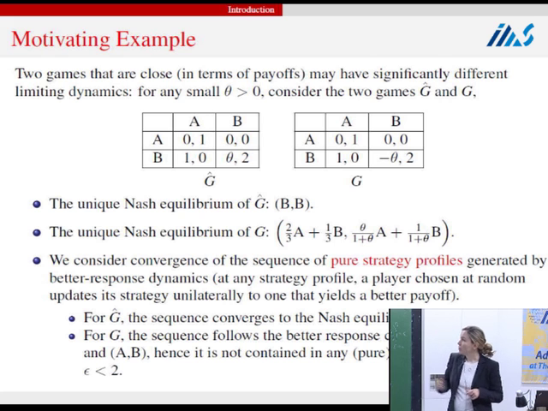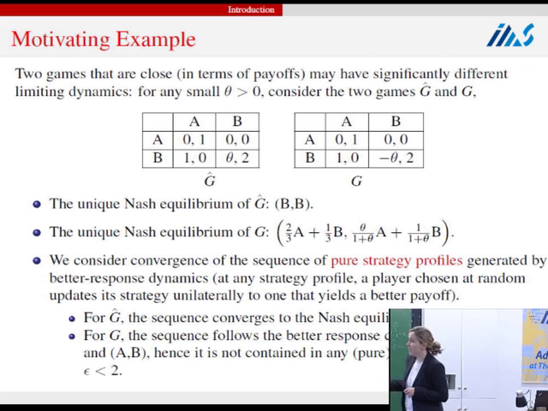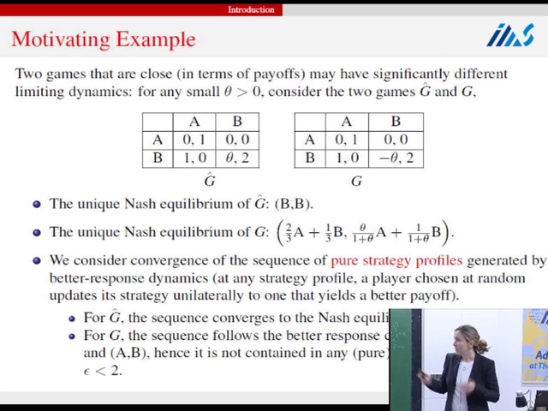We're going to consider convergence of pure strategy profiles generated by a particular form of dynamics, better response dynamics. I'll define it in a bit, but essentially at any time step, a player is chosen at random and updates its strategy unilaterally to one that yields a higher payoff.